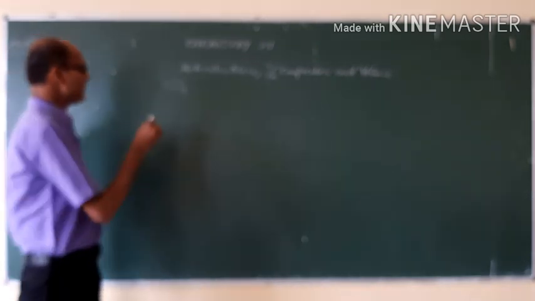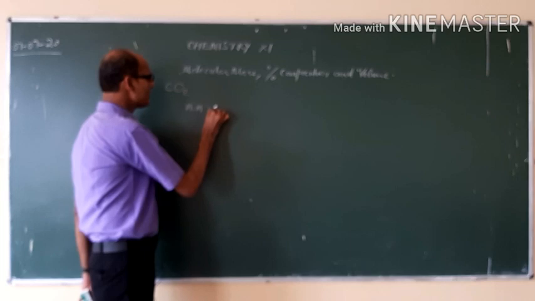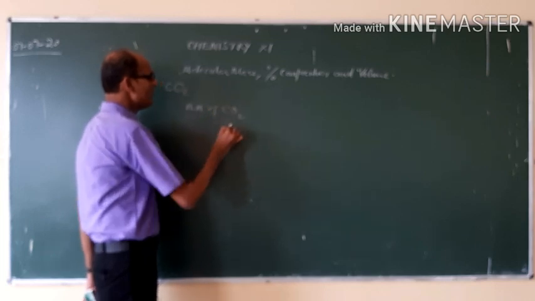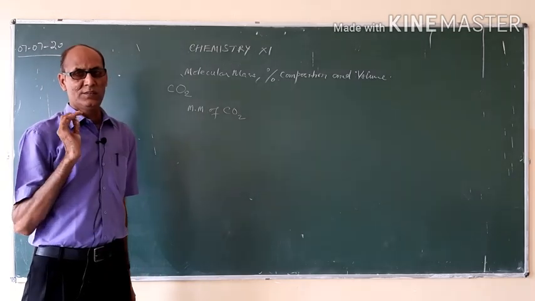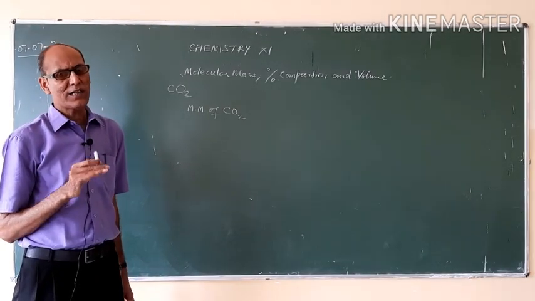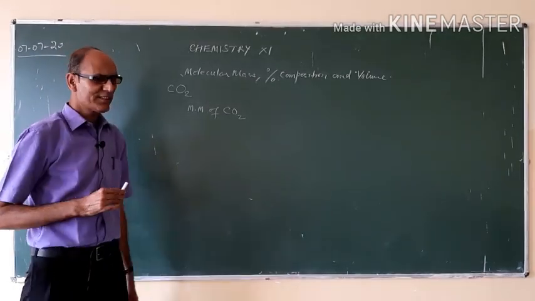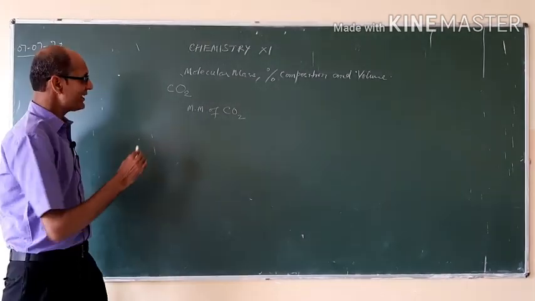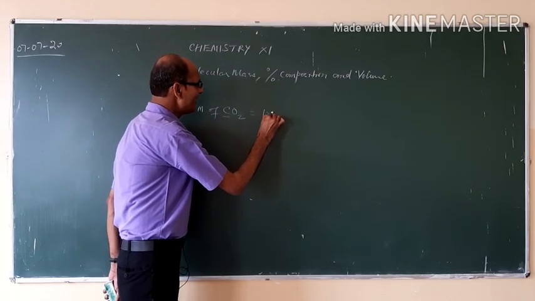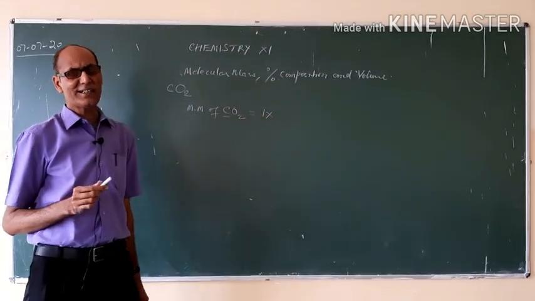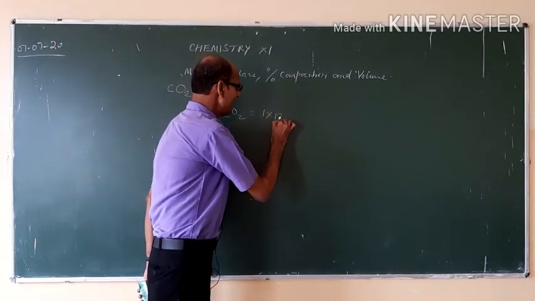When we calculate the molecular mass of CO2, what we have to do is add all the atomic masses of all atoms present in a molecule. There is one carbon atom, so 1, and the mass of one carbon atom is 12 AMU.